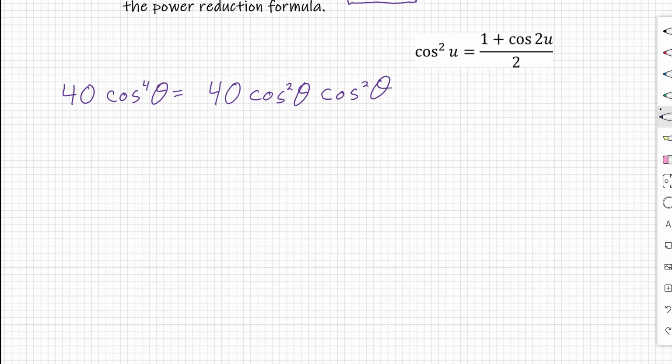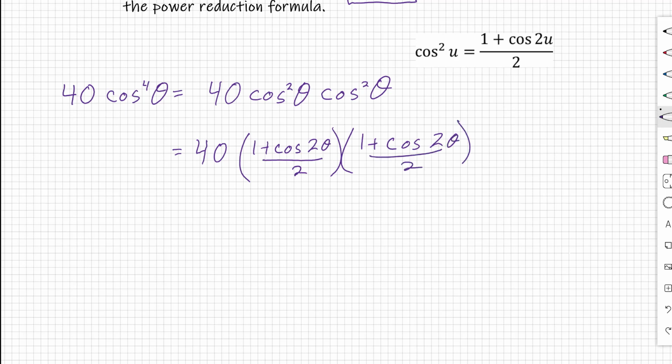And now that we're looking at it this way, we can rewrite it as 40 times 1 plus cosine 2 theta divided by 2 times 1 plus cosine 2 theta divided by 2. And when we multiply that out, we get 40 times, this will all be over 4.